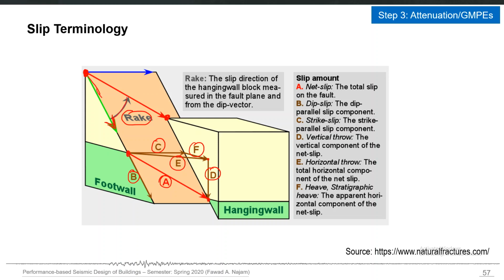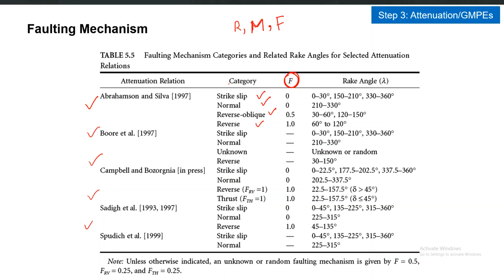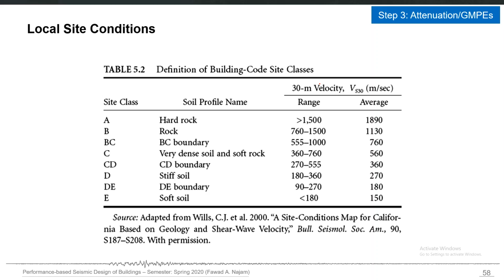In that case this will be your rake, and for different kinds of mechanism this will be different. So the summary is that the actual faulting mechanism is also accounted for in the GMPs using the F factor, and you may have a different F factor for the different types of faults.